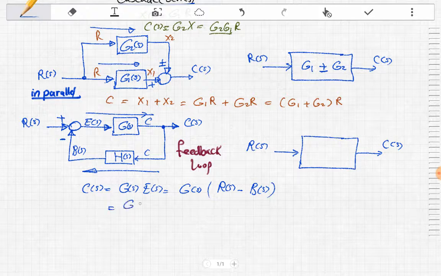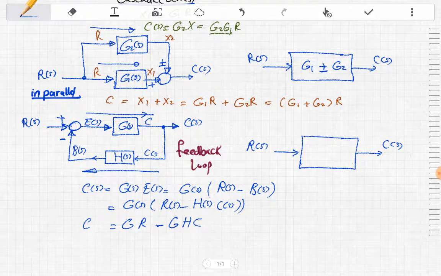Now, G of S times E of S, E is R of S minus B of S. What's B of S? It's an output, right? How do you get B? C of S, right, times H, right? So let's say H of S times C of S. Okay. Now let's say C is equal to G times R minus G times H times C. Now we have C on both sides, true?